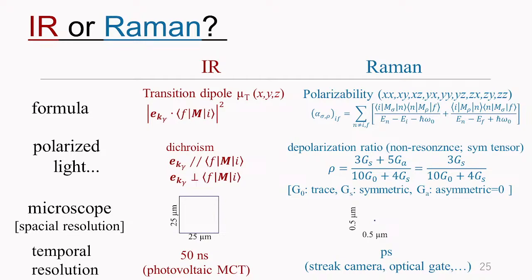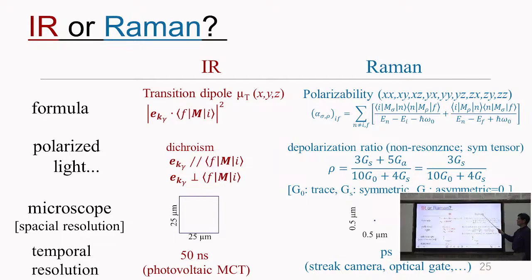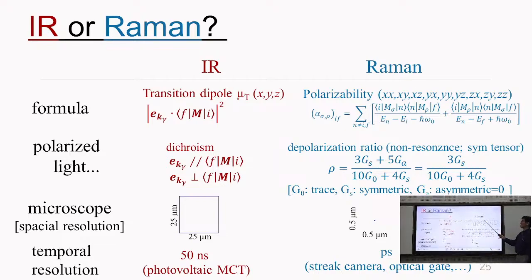In IR spectroscopy, we detect the inner product of the electric field and the transition moment squared. In the case of Raman, as we learned yesterday and today, it is related to polarizability.